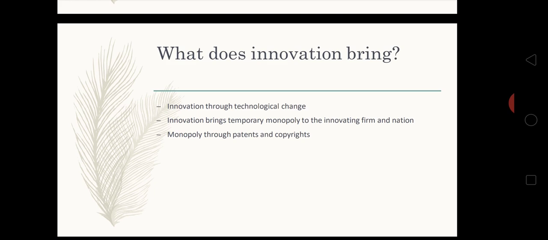This monopoly could be materialized through patent and copyright, which will be given to the original producers, those behind the innovation. So that could lead to a temporary monopoly.